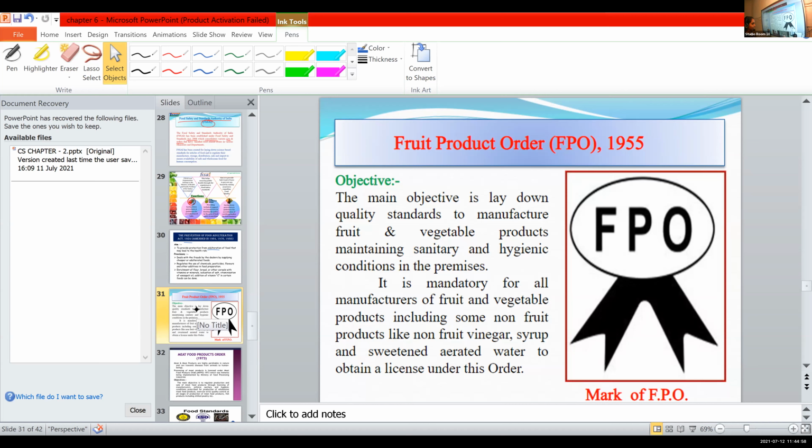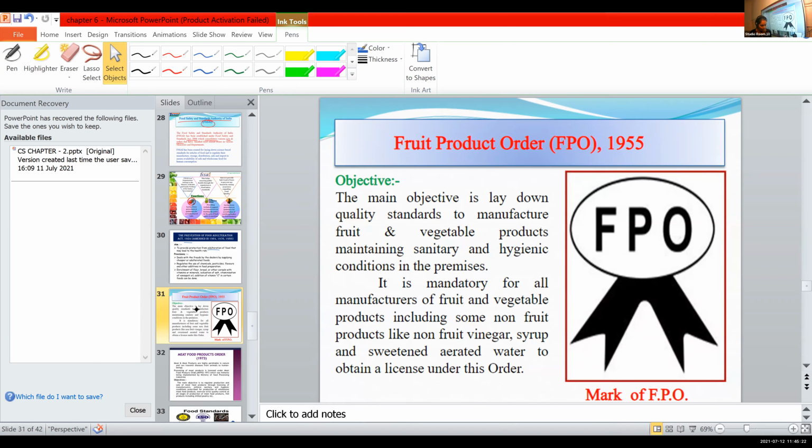So next time you buy a fruit product or a jam, just refer to the symbol. Just check whether the symbol is there or not, okay? Otherwise, that product is not good for you.